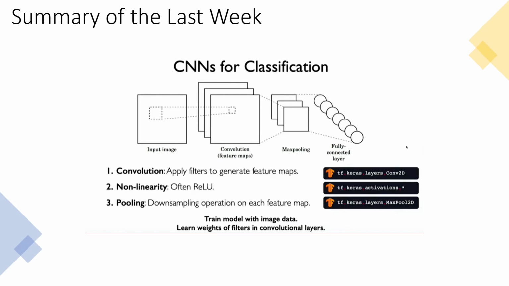So for different problems, you can basically use the same network structure. So this is a network structure. This is a convolution layer, this is a pooling layer, and this is flattening.